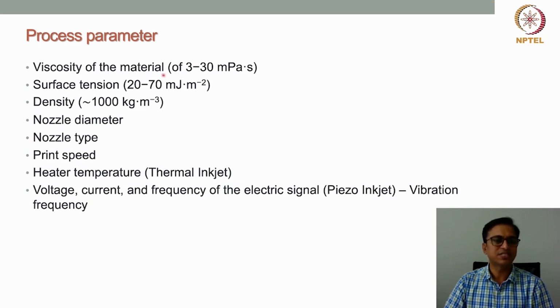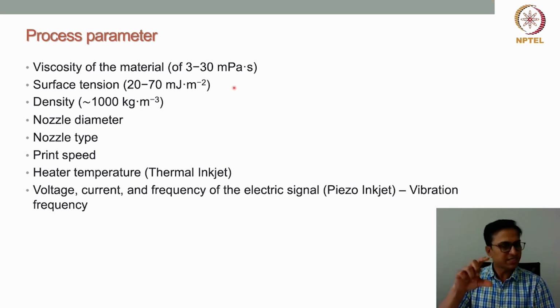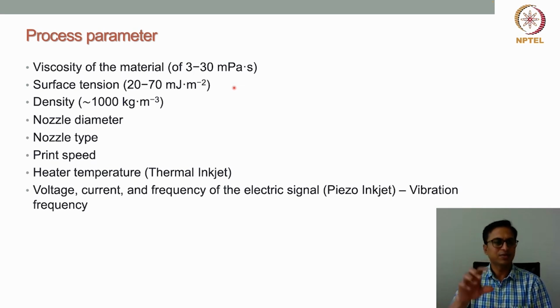Again, surface tension. Now surface tension is important because when the nozzles are filled with the material, though the printing nozzles are open, the material generally doesn't come out of the nozzle from that liquid column, because the surface tension of the material prevents leaking of the material from the printing chamber, right?